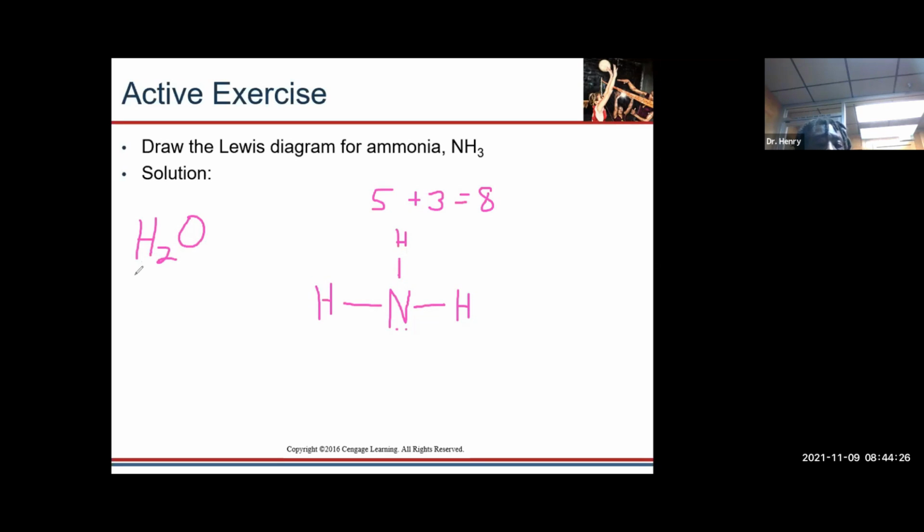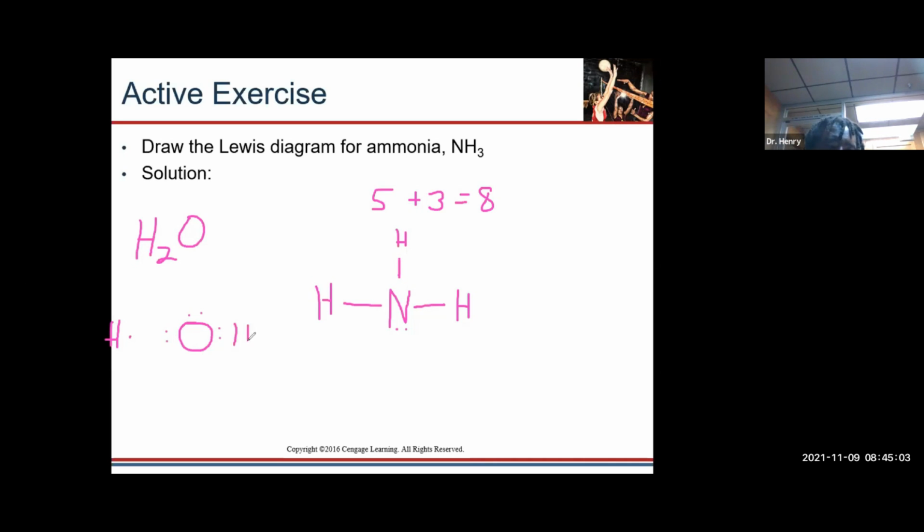So who's going to be the center atom in the case of H2O? That's right, the O. How many valence electrons does the O have? 6. So that's 2, that's 4, and that's 6. So hydrogen has how many valence electrons? 1.